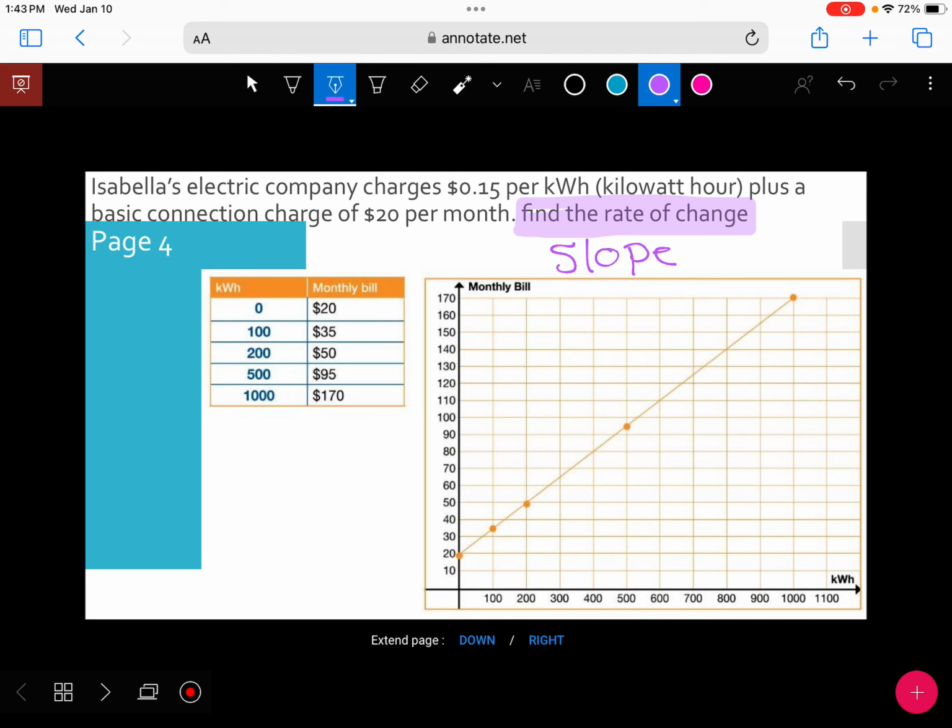Once you find it, see if you can write an equation for how much her bill costs. And you can work with your neighbor too if you want to. Totally fine.